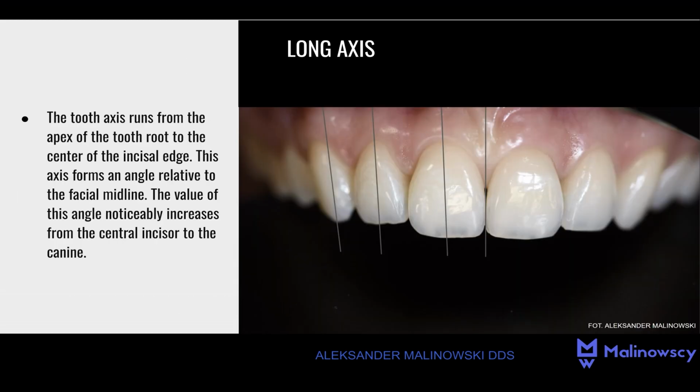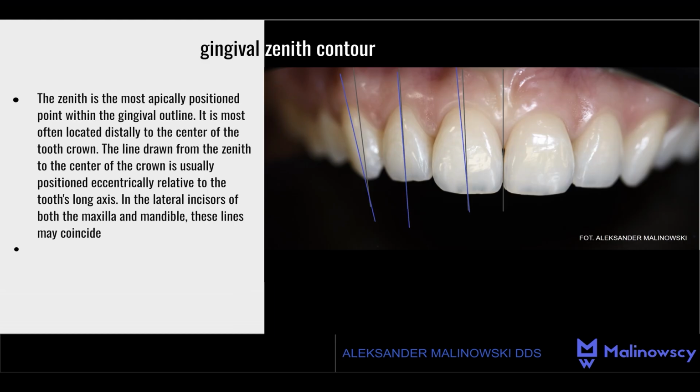In this slide, we will discuss the long axis of the tooth. Observe how the axis extends from the apex of the root to the center of the incisal edge, forming an angle relative to the facial midline. The next slide shows us the gingival zenith contour. Let's now focus on the gingival zenith contour.